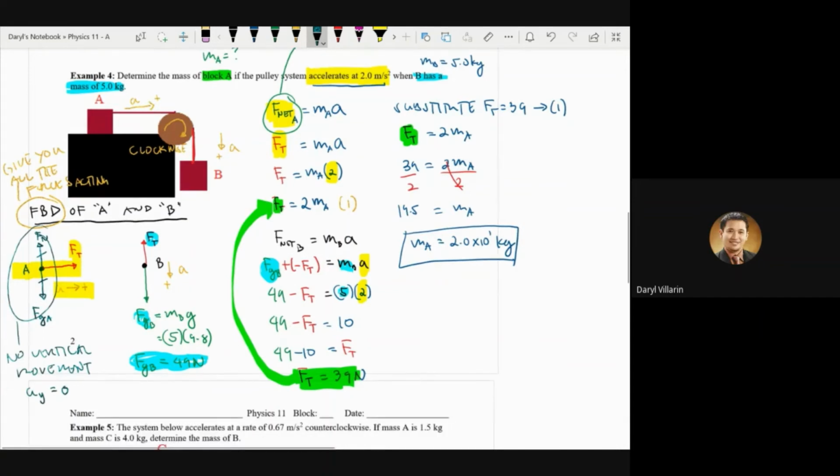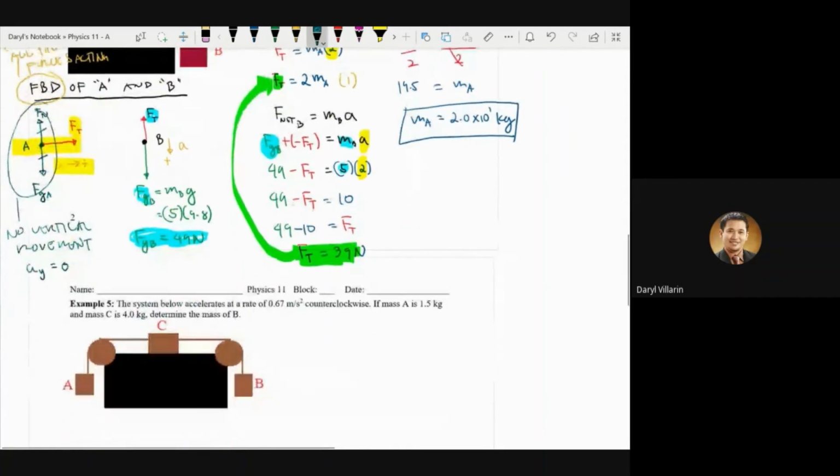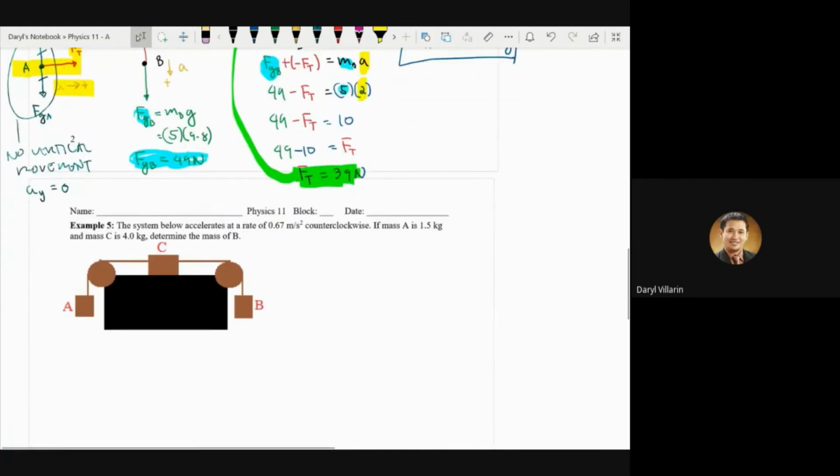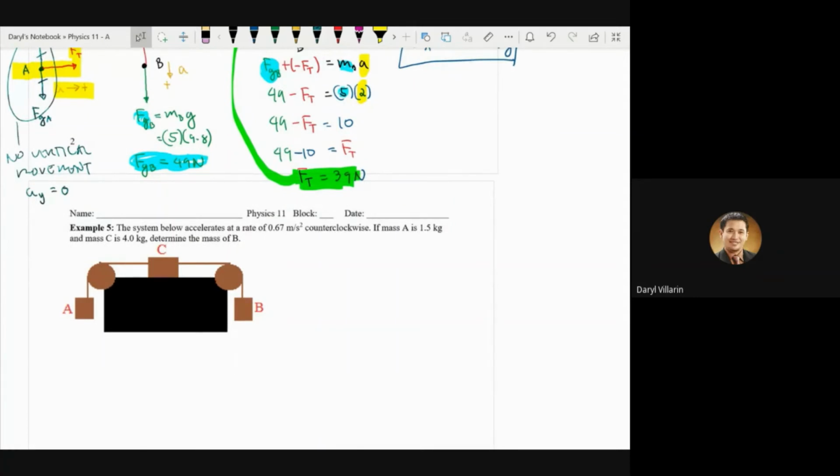We can proceed to example number 5. I'll be giving you the solution of this also, because you'll be having 3 sets of equations here. Acceleration would be the same, but if you observe, the tension at this side is different from the tension on the other side.